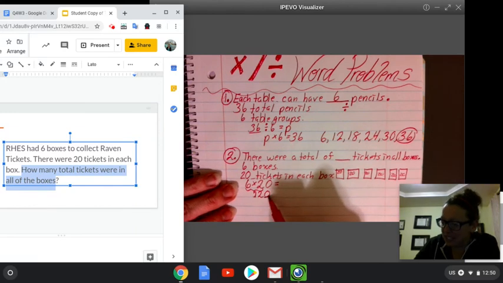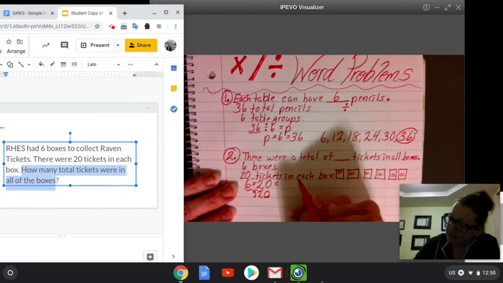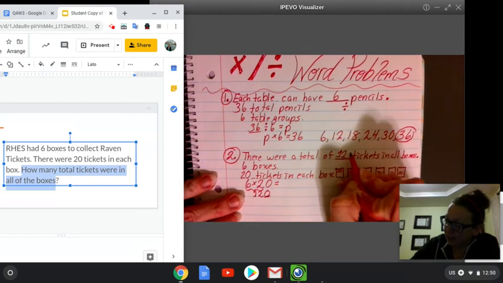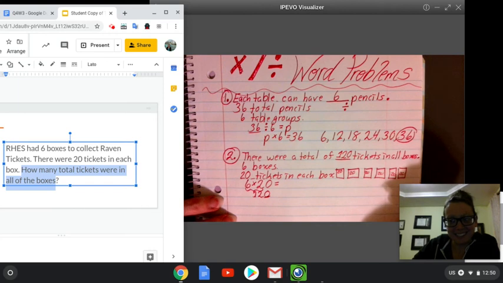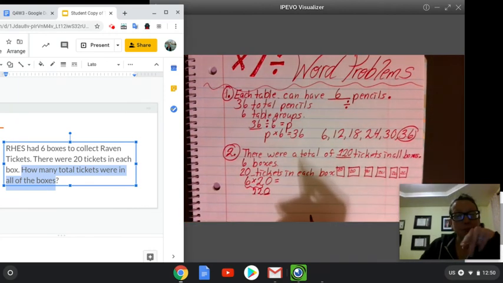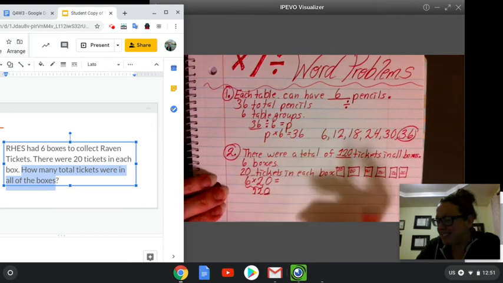I'm always going to have a 0 in that ones place. So there were a total of 120 tickets. Doing a great job, boys and girls. Remember, we did these together.